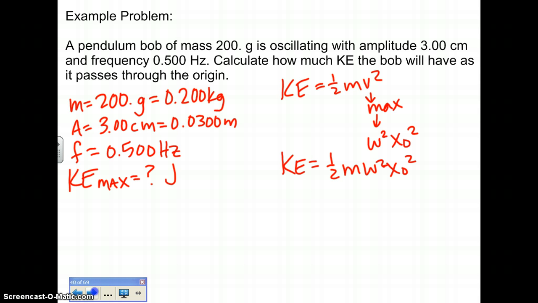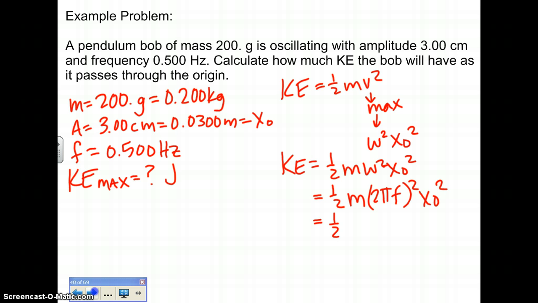Make sense? Okay? So all you're doing is just replacing in there. We got one more thing we want to replace. 2 pi f squared x0 squared. Because you don't know what your angular frequency is just by looking at your givens. You would need to calculate that. Furthermore, this is going to be your x0. Agreed? Your amplitude is your x0. It's the maximum displacement. That's by definition what amplitude is anyways.